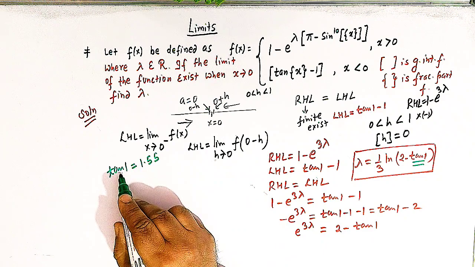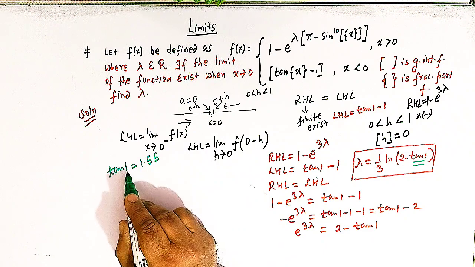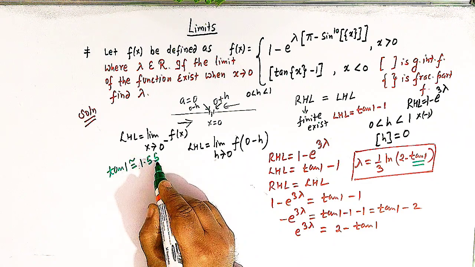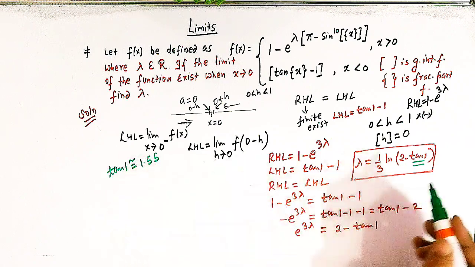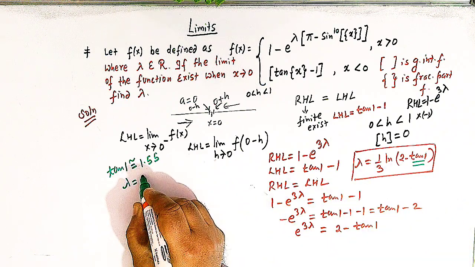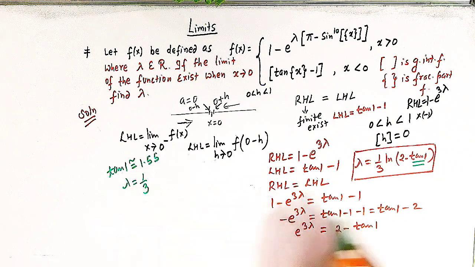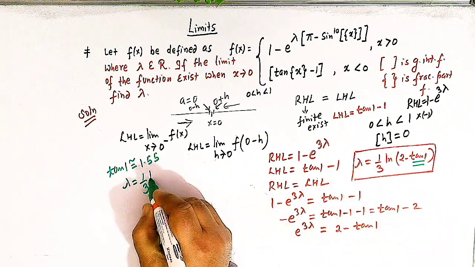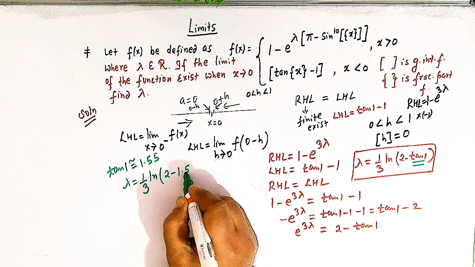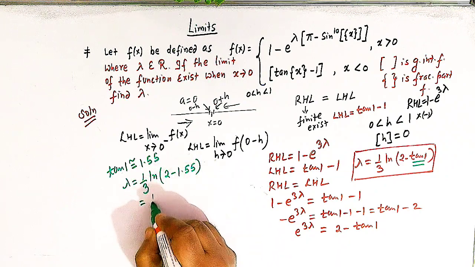So tan of 1 is approximately 1.55. So substituting this value over here, the value of lambda can further be simplified. So we have 1 over 3 natural log of 2 minus 1.55. So now we can simplify it.